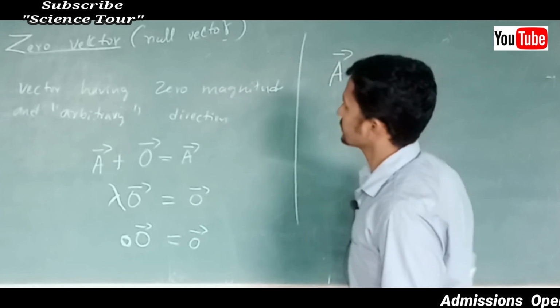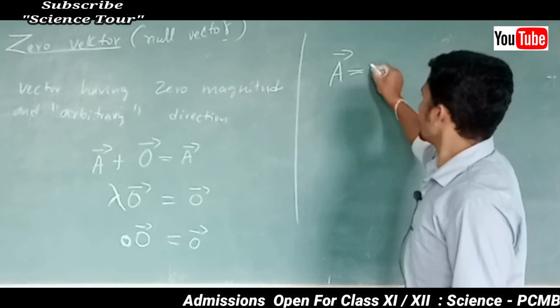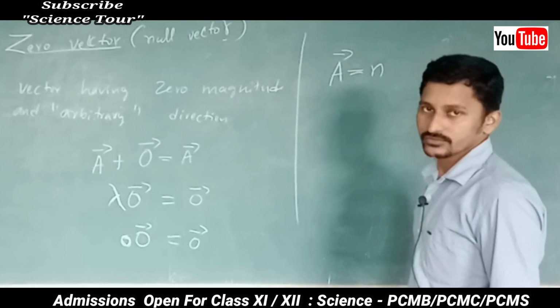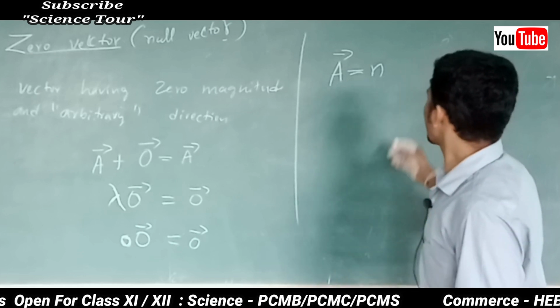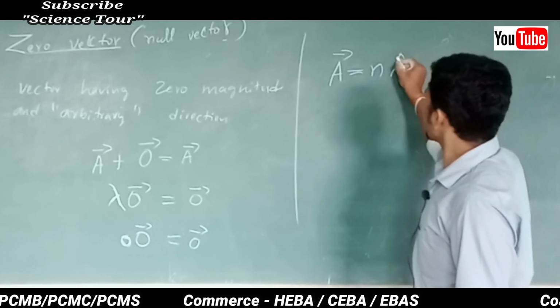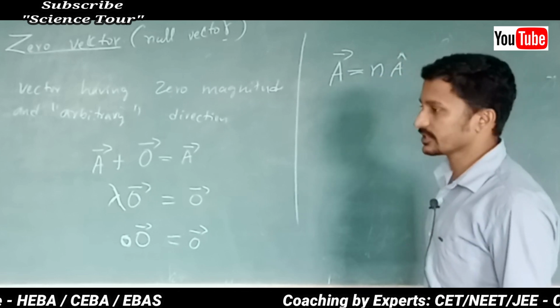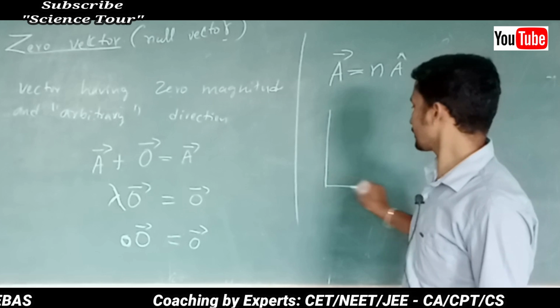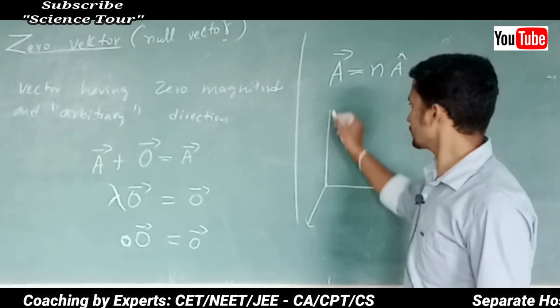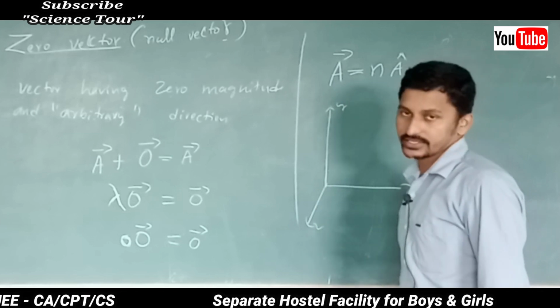So vector A is equal to n times a cap. A cap is the unit vector in the direction of A. Unit vector means, see, x is there, y is there, z is there, right?